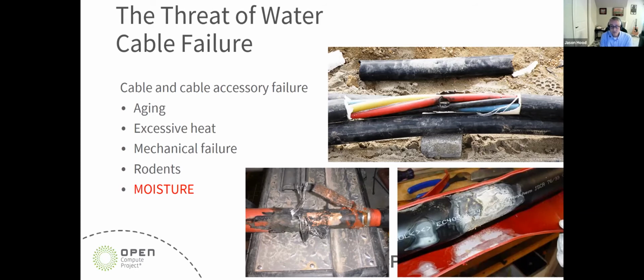You'll see the damage quickly, but sometimes it's latent. It may not happen immediately, but down the road and long term, you can see damage to infrastructure due to water over the life of the facility. So water is a threat even to the cable and the cable accessories.